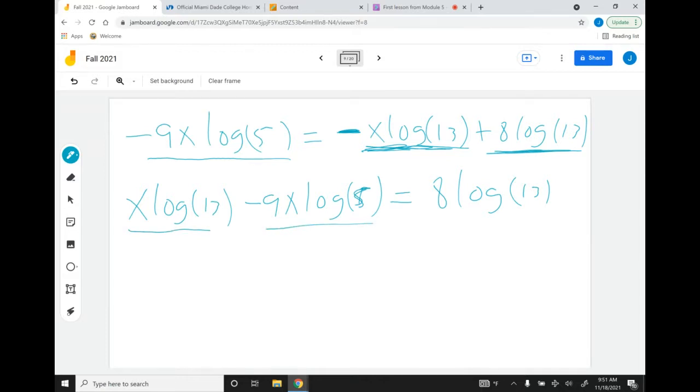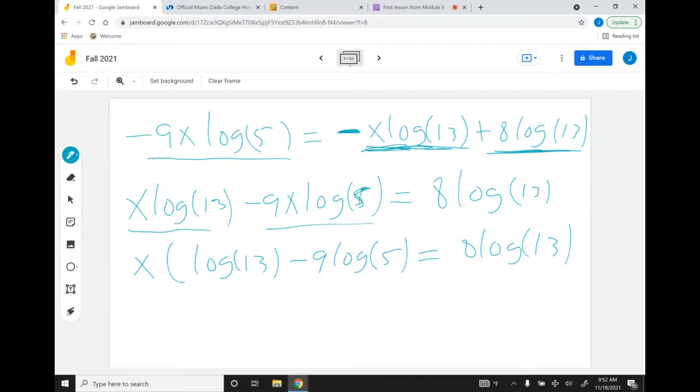Now I'm looking at these terms, this one and this one. What is the common factor? The common factor is x. So I'm going to factor the x. There it is. So what I have left is log of 13 minus 9 log of 5 equals this thing, 8 log of 13.